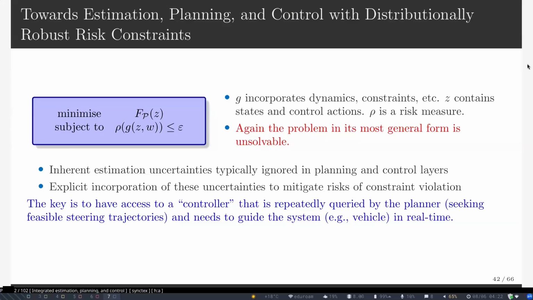But as I said, because it is a distributionally robust notion, we have to take samples. So in a way, we need to quickly have a controller that can be queried by some planner.